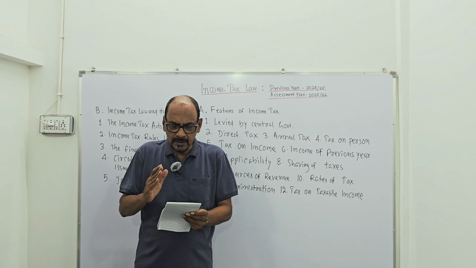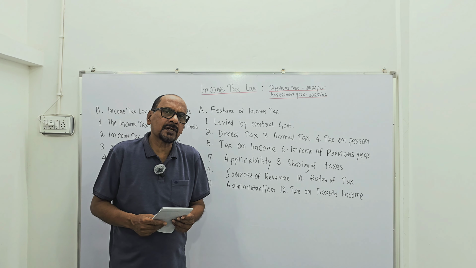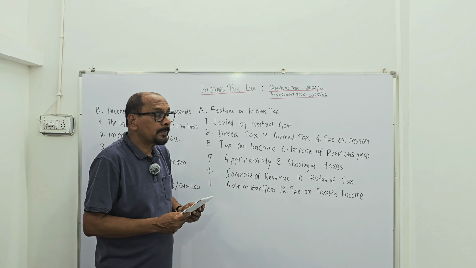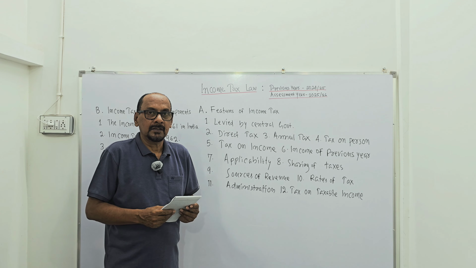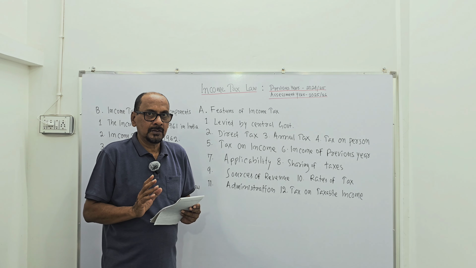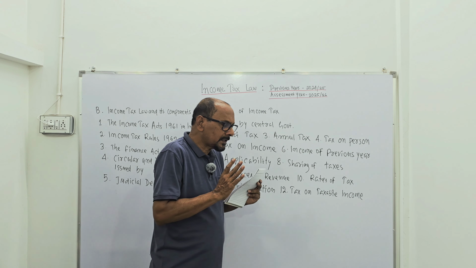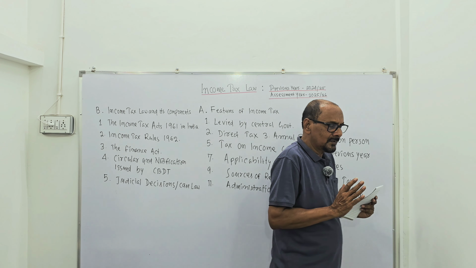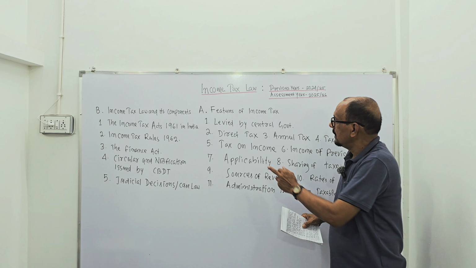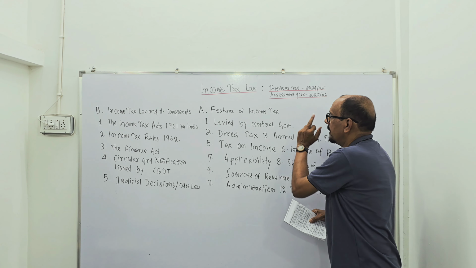All income other than agricultural income is taxable under the Income Tax Act. Agricultural income is exempted, so there cannot be any tax charged on agricultural income. That is the first, levied by the central government.